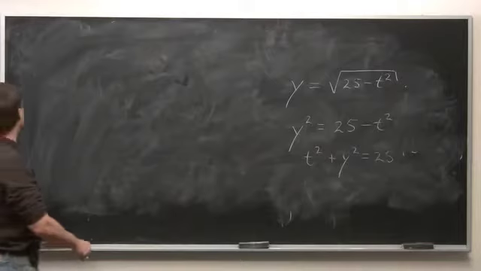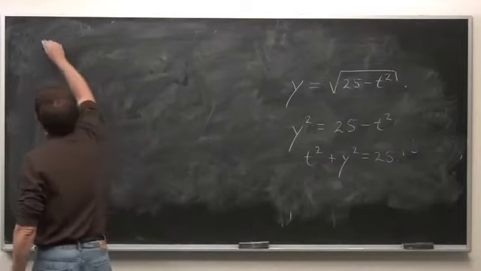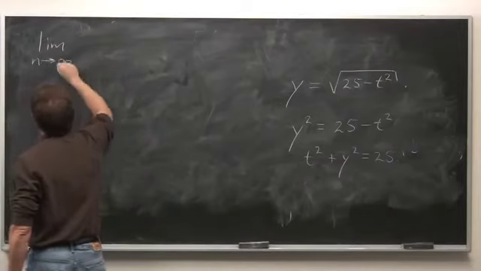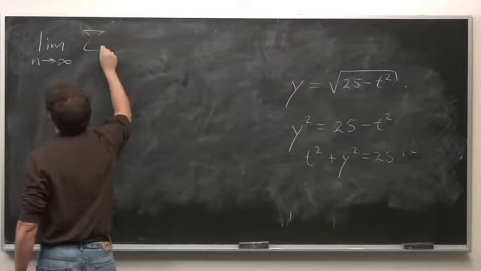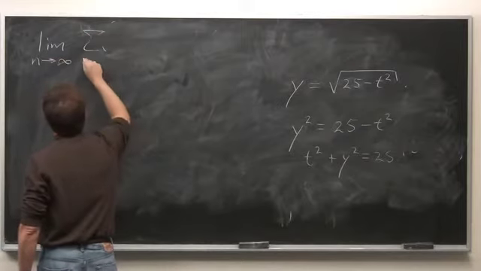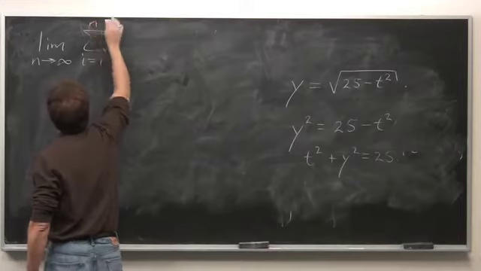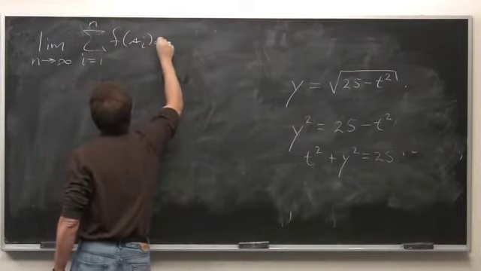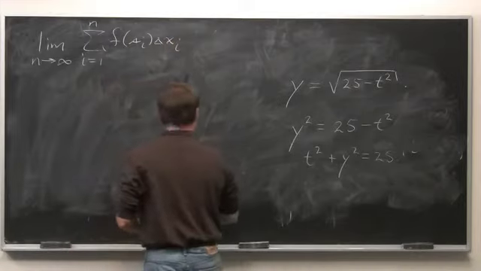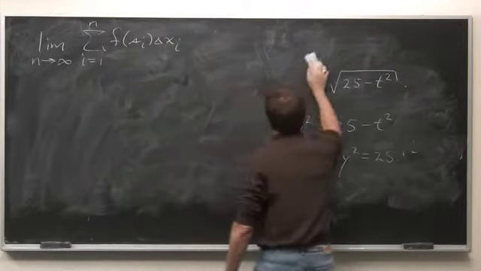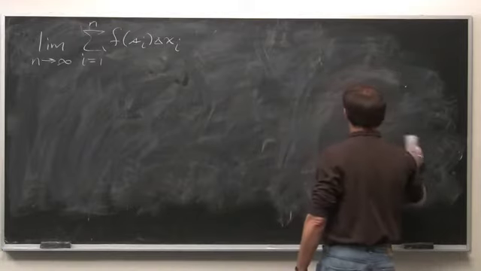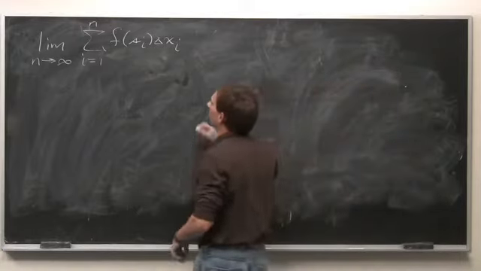So we want to look at the limit as n goes to infinity of these Riemann sums: the sum as i goes from 1 to n of f of Si times delta Xi, where f is the squaring function, the function that's our integrand in the definite integral.